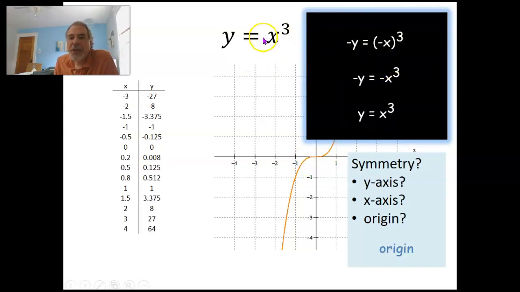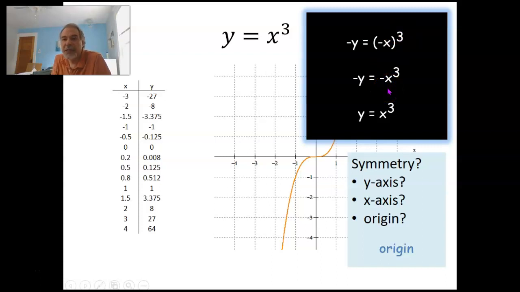And look at, if we play around with the equation and apply that algebraic test for symmetry with respect to the origin, if I replace x and y at the same time with -x and -y, -x cubed, that's a negative times a negative times a negative, it remains negative. So -x cubed is -x cubed.